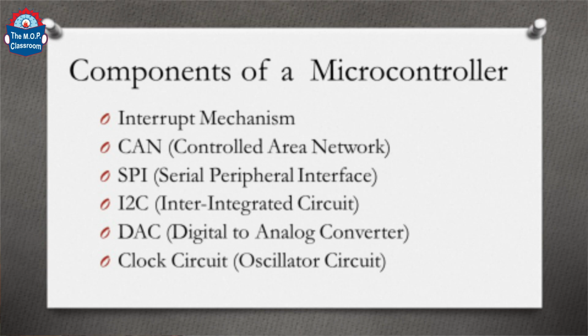This is used when microcontrollers are used in automobile applications, where all the control data relating to electronic circuits in the vehicle is controlled by this particular bus system, and I2C is again used as a serial bus. A digital to analog converter converts digital signals to analog signals, and we need a clock circuit in all these ICs to synchronize the various events in the IC.